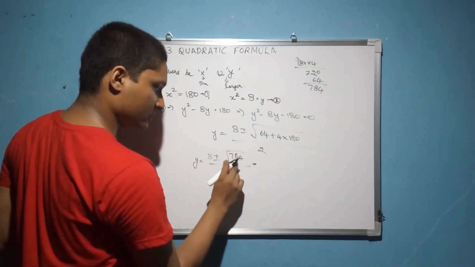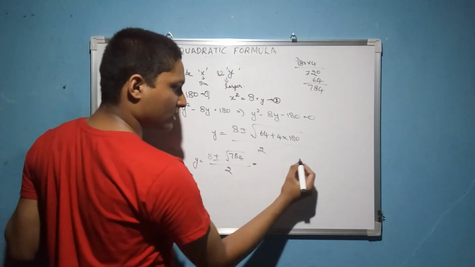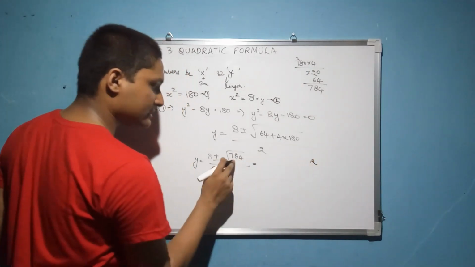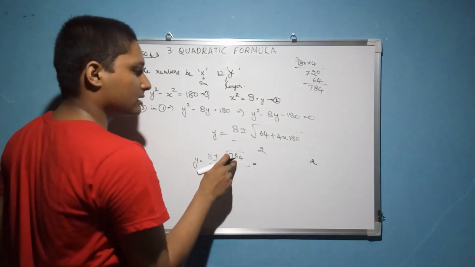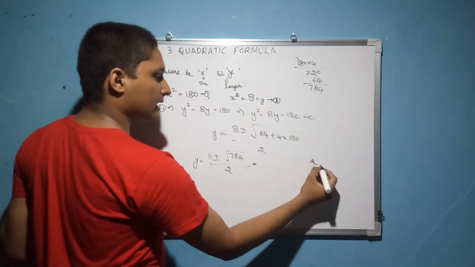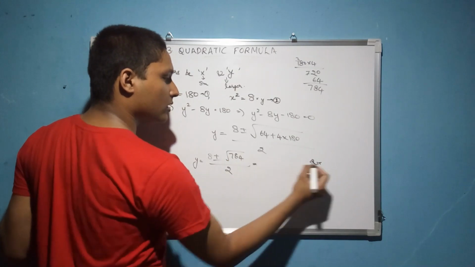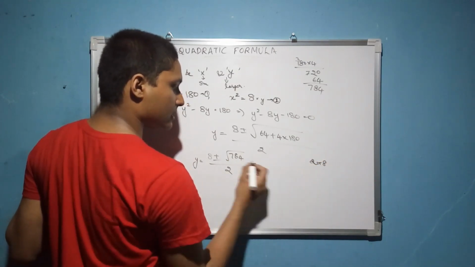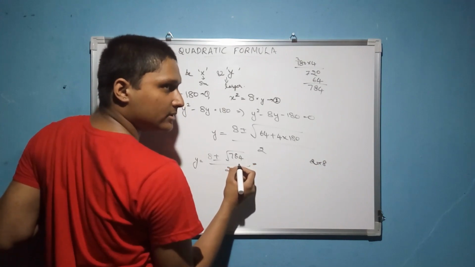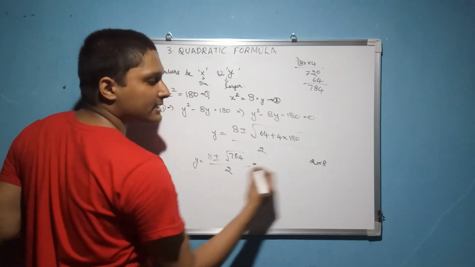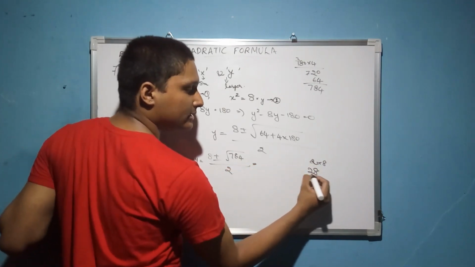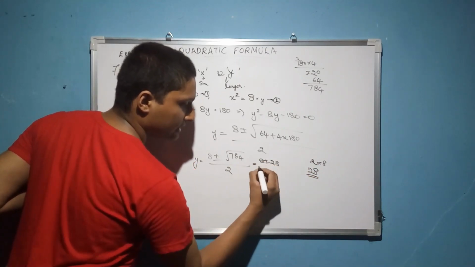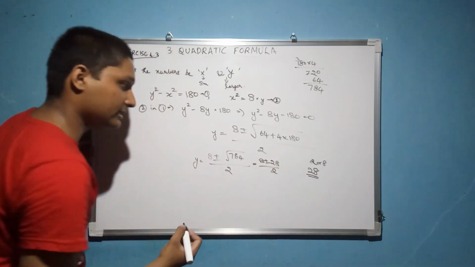Since it ends in 4, somehow we can tell that the last digit is going to be 2 or it can be 8 also. Since it is less than 30 square and more than 25 square, it can be 28 only. Therefore it is going to be 8 plus or minus 28 divided by 2, not 18, 28.